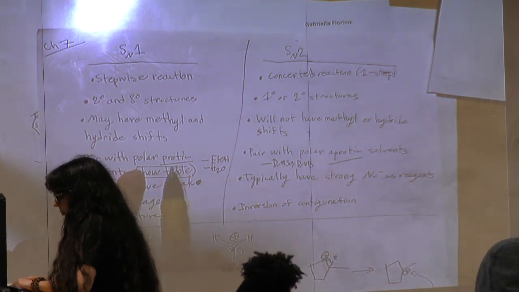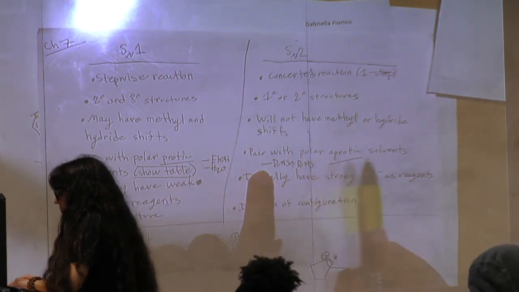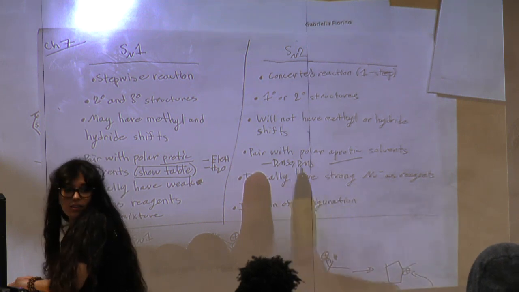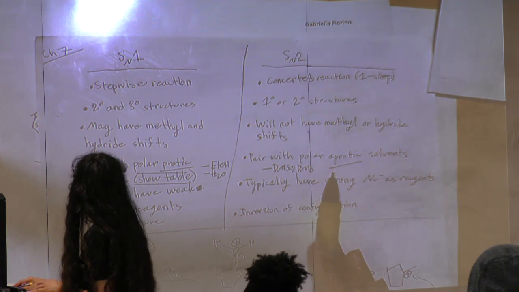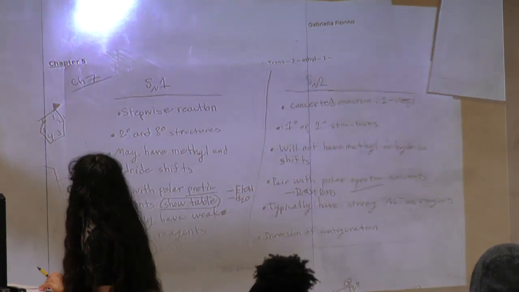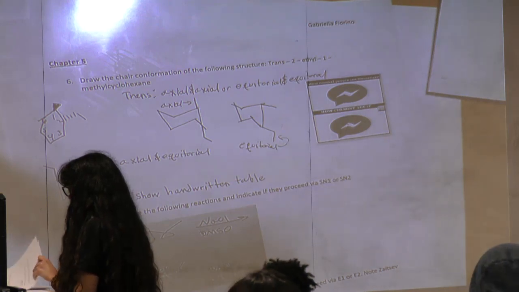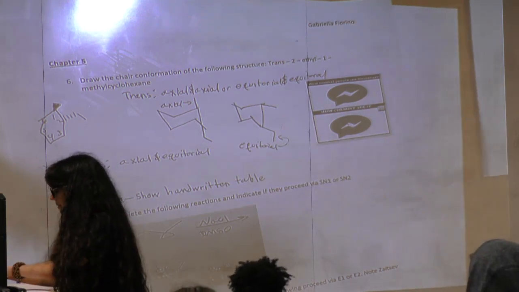So a lot of your polar protic solvents are going to look kind of like regular reagents, whereas your polar aprotic solvents are going to just look weird, like DMSO and DMS. They're just going to be weird sounding things. Okay. So now with this, I'm going to go ahead and get into our substitution reactions.